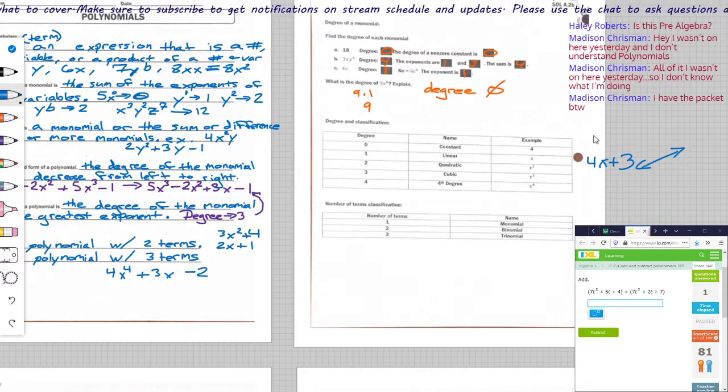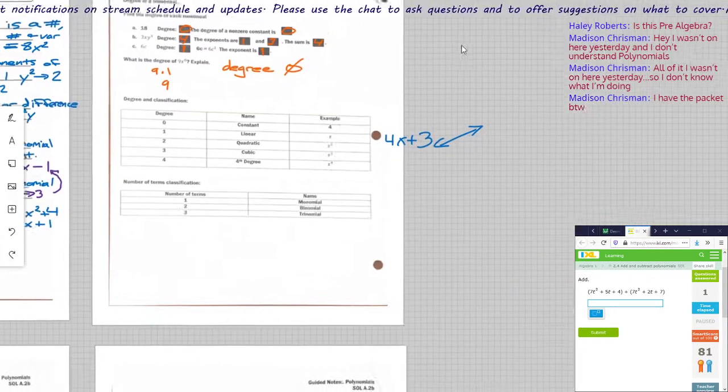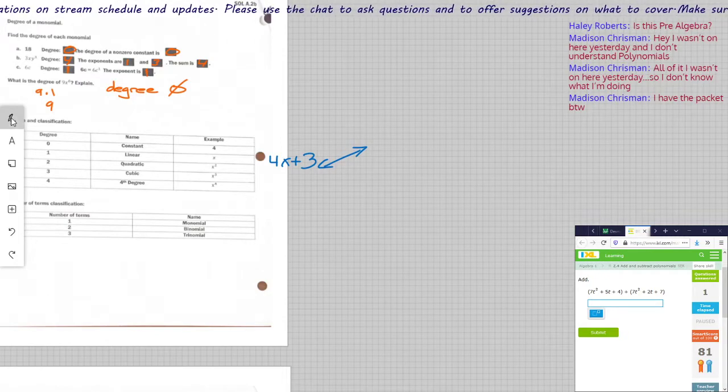Constant, the other way you can think about that, I don't know if y'all have gone over this, but maybe this might help. So you have constant, linear, and quadratic.